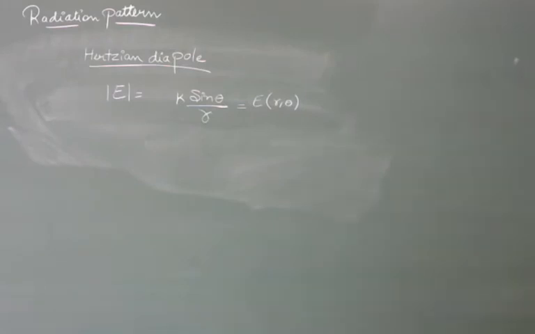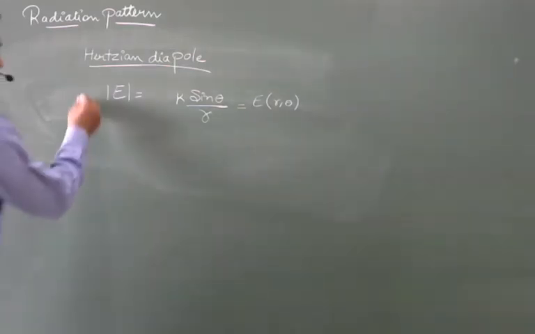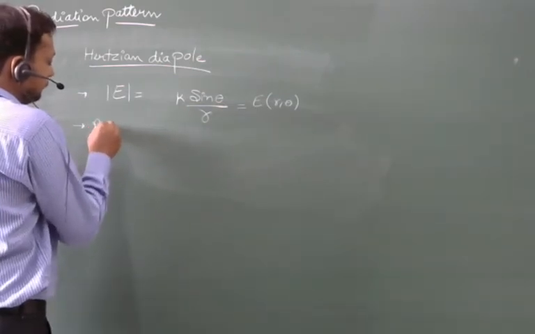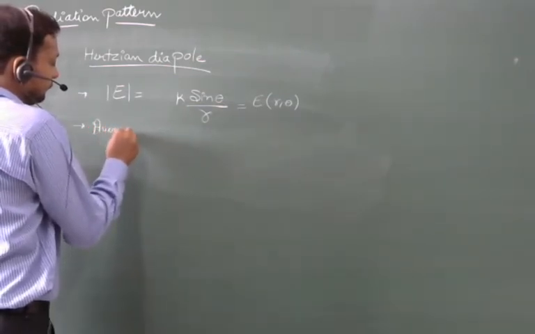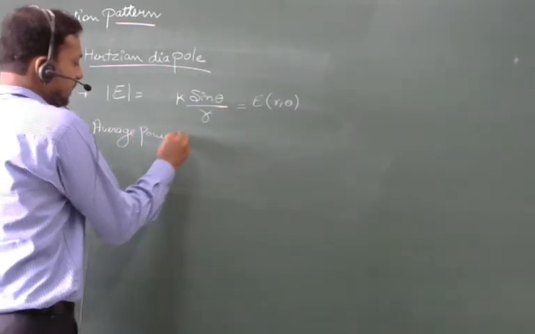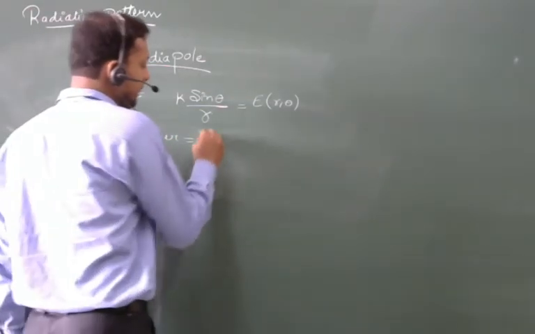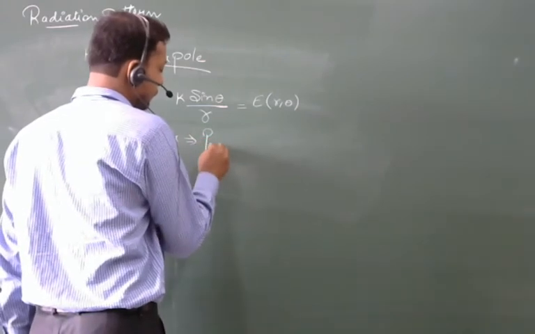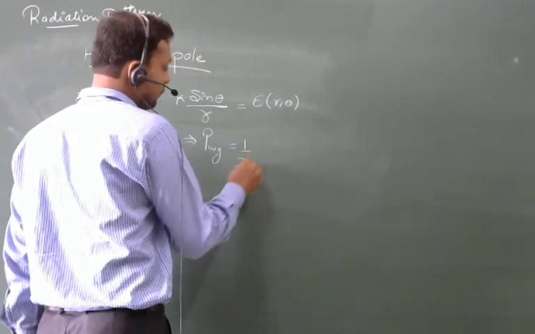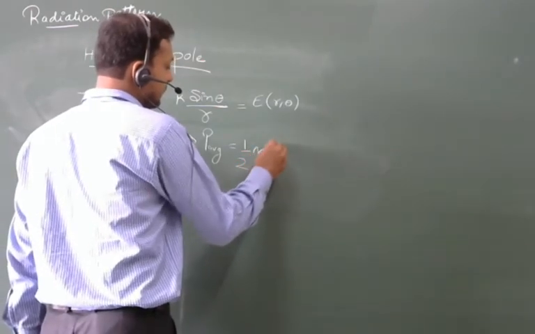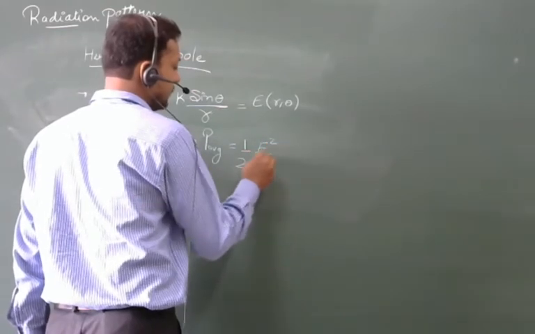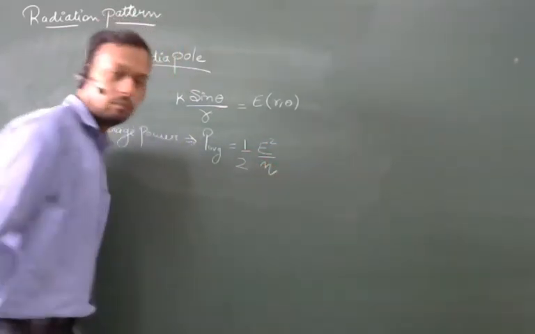Now the radiation power or average power can be calculated as P average equals 1 by 2 eta, E square by eta.